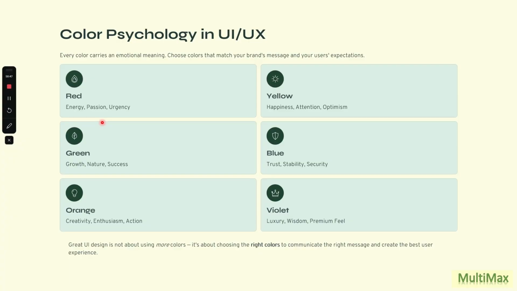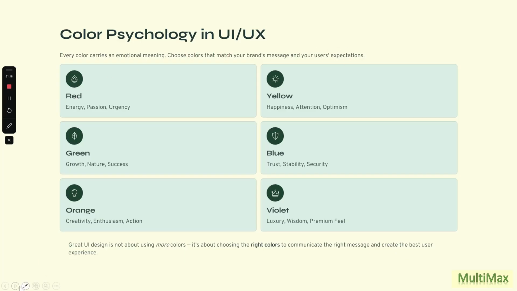So first, a clear definition. Color expresses psychology, culture and much more. Colors can influence emotions, mood and behavior. Next, each color has a unique culture. Every color carries an emotion. Choose colors that match your brand's message and user experience.